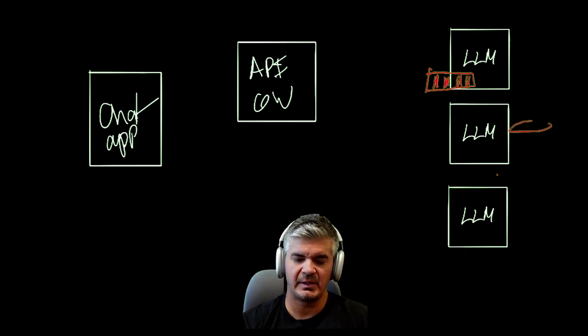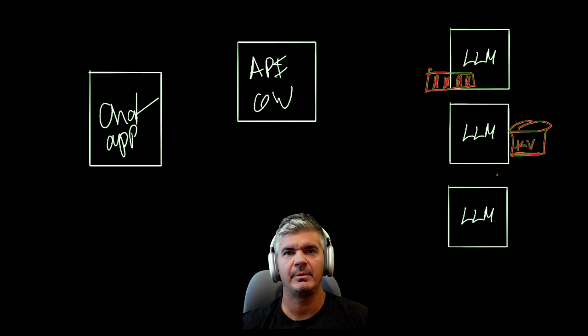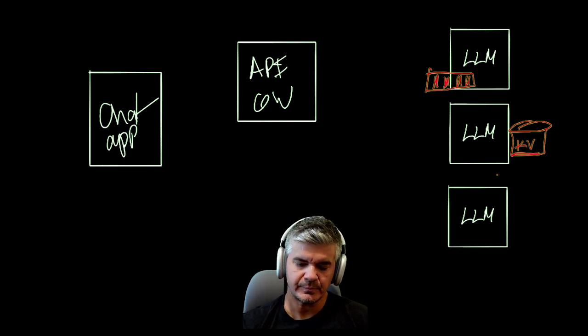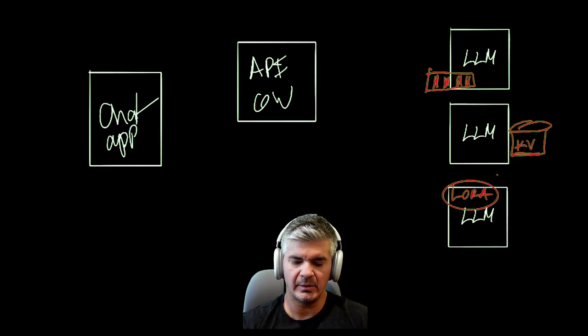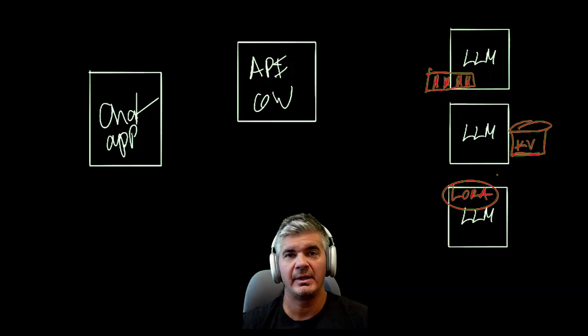You might see things like the KV caches start to fill up on the back end, or you might see things like different models will load different LoRA adapters or fine-tuned adapters, and all of those things cause the LLM to behave differently when processing a request. So things like round-robin or least request routing don't work very well with the LLM.